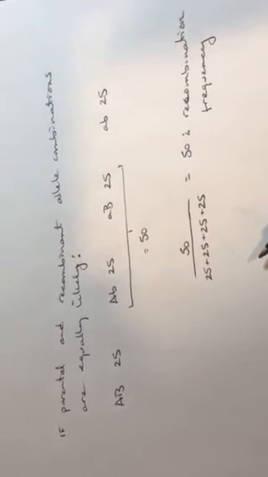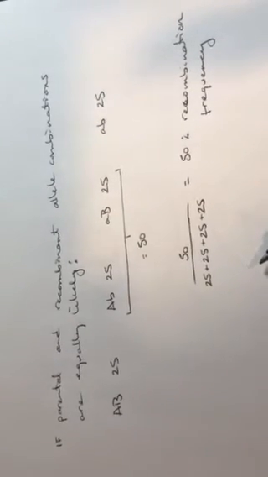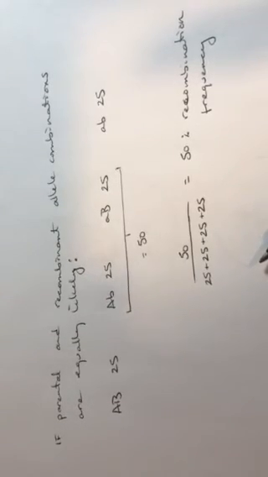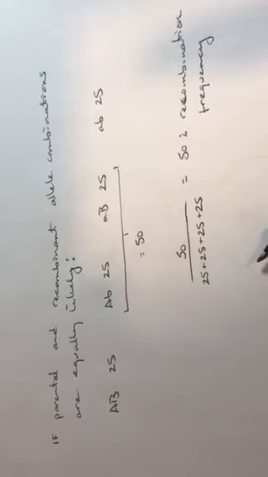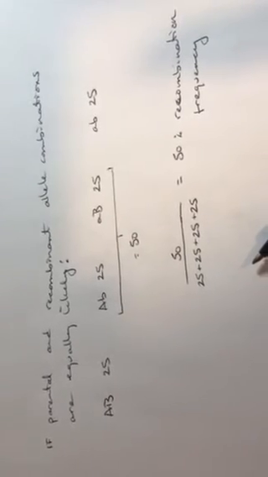That's 50. So 50 over all of them, or 100, is 50%. So this is that 50% recombination frequency. Remember I mentioned that that was the maximum recombination frequency. And if you look back to the beginning of the video, you'll see that this is essentially what we expect under independent assortment.